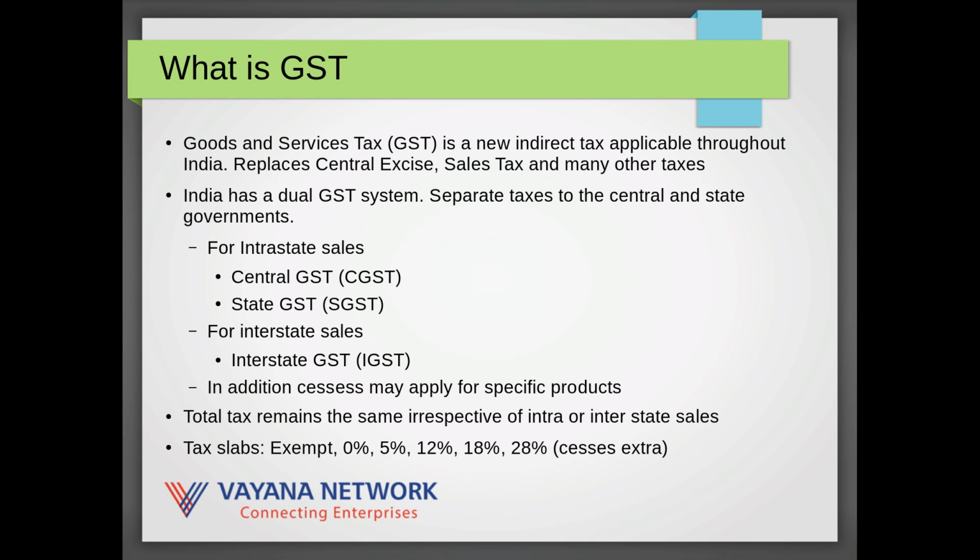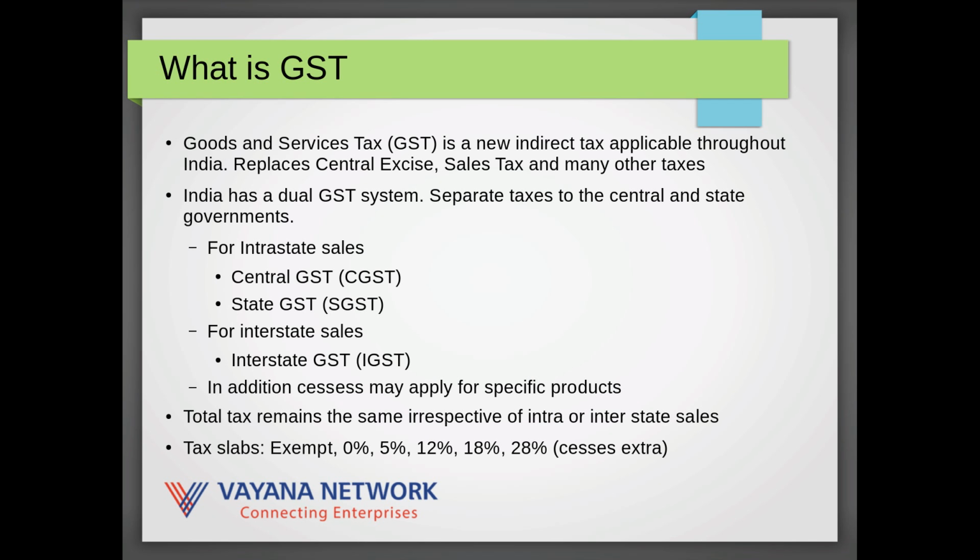For intra-state sales, the applicable taxes are central GST and state GST, and for interstate sales, the applicable taxes are IGST. Either way, the total taxes remain the same. In addition to these taxes, some cesses may apply for specific products which are typically either sin products or luxury products.